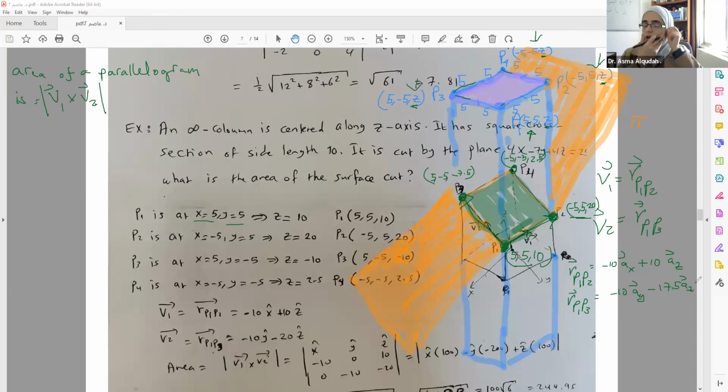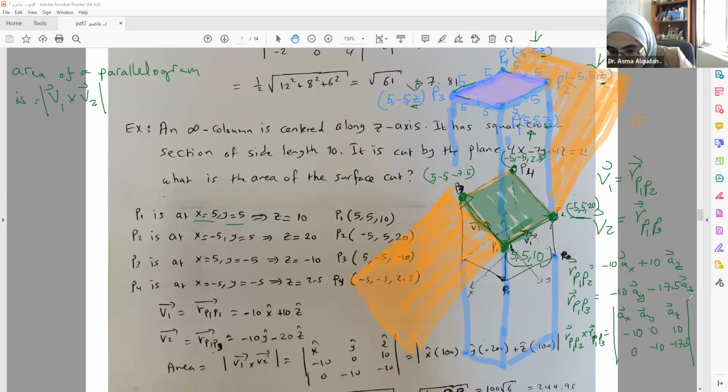Now the two vectors are there. What we need to do is find the cross product between them. R P1 P2 crossed with R P1 P3 is equal to the determinant with a sub x, a sub y, and a sub z. R P1 P2 is minus 10, 0, and 10, and the other vector is 0, minus 10, minus 17.5.